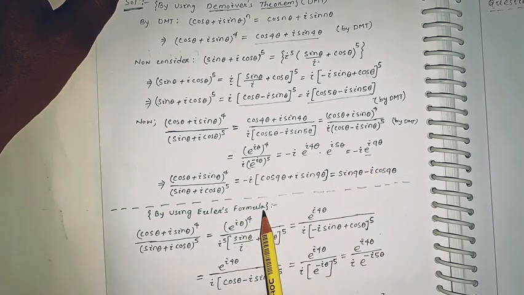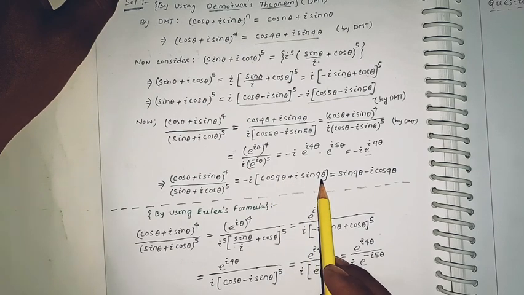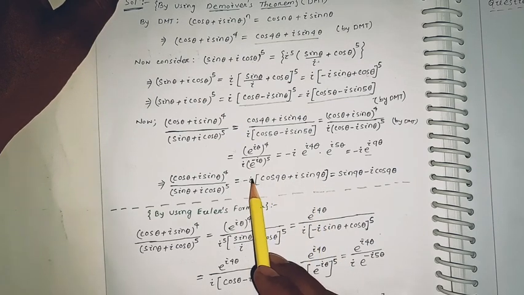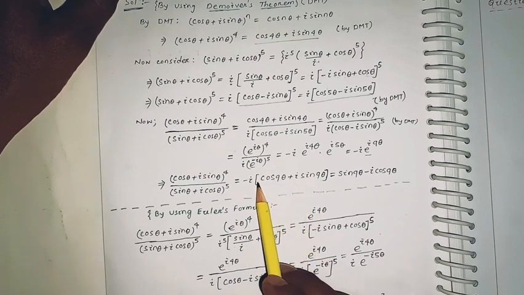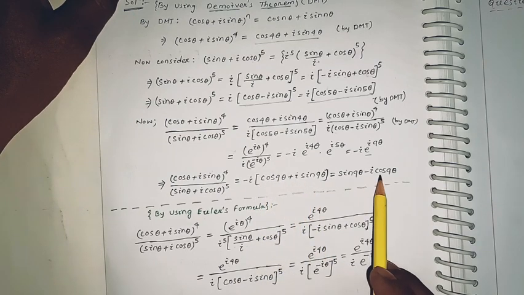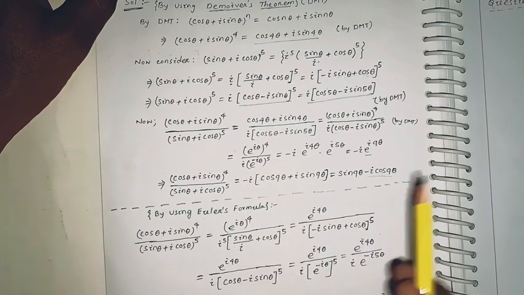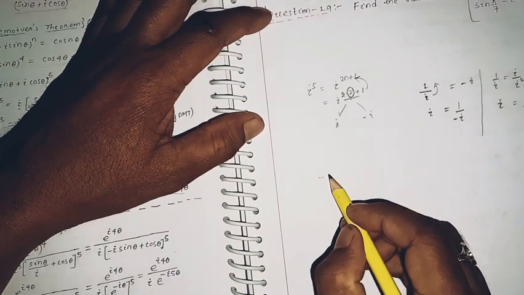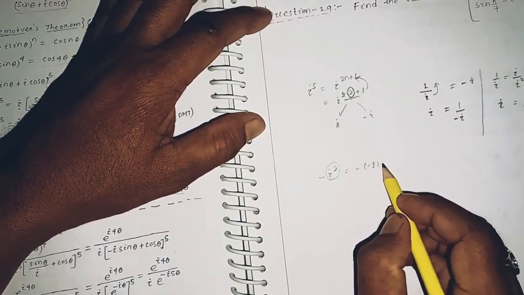Here again I am going to apply Euler's formula: cos 9 theta plus i sin 9 theta. Okay, minus i, if I multiply with these two terms, then this will be minus i cos 9 theta here, and here minus i multiplied by i gives minus i square, and i square is nothing but minus 1, so it will be 1.